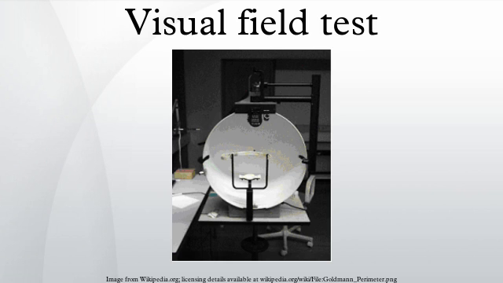Kinetic perimetry. Kinetic perimetry uses a mobile stimulus moved by an examiner, such as in Goldmann kinetic perimetry. First, a single test light of constant size and brightness is used. The test light is moved towards the center of vision from the periphery until it is first detected by the patient. This is repeated by approaching the center of vision from different directions.